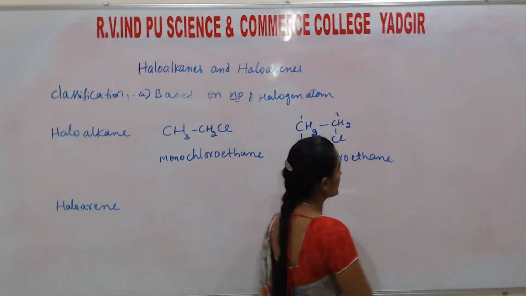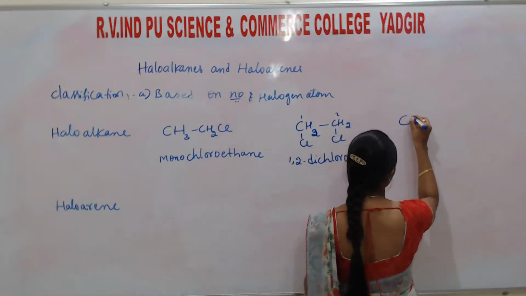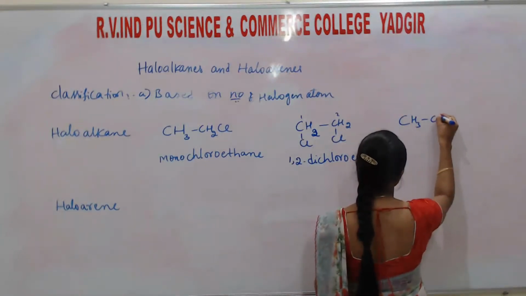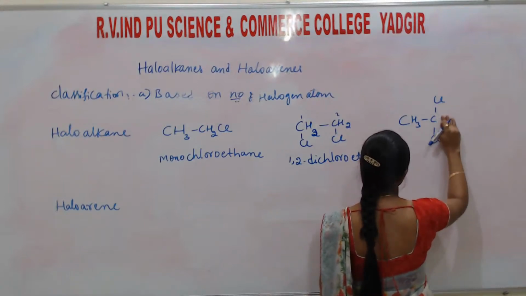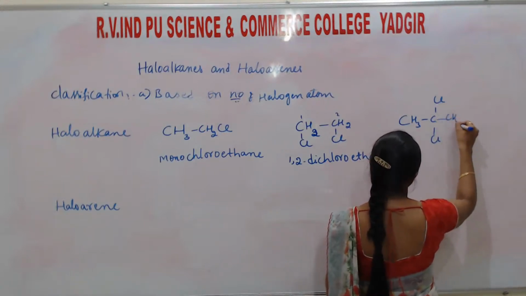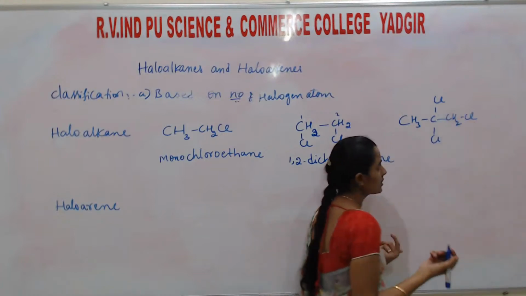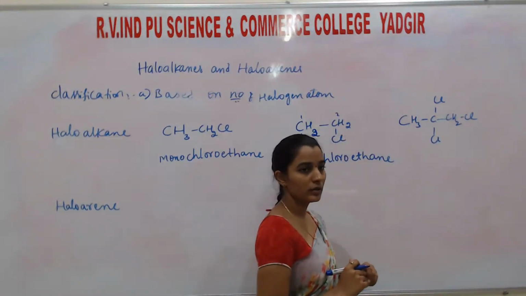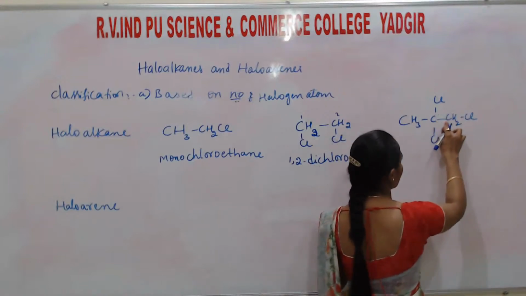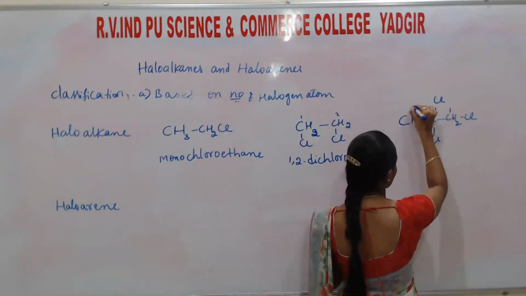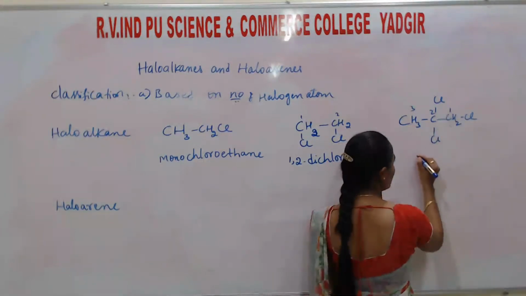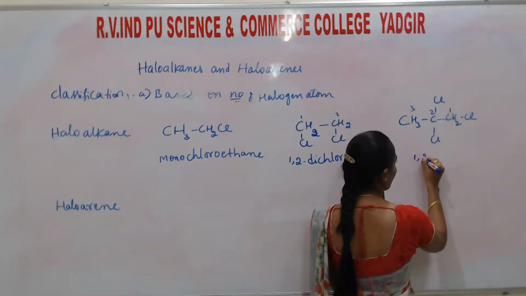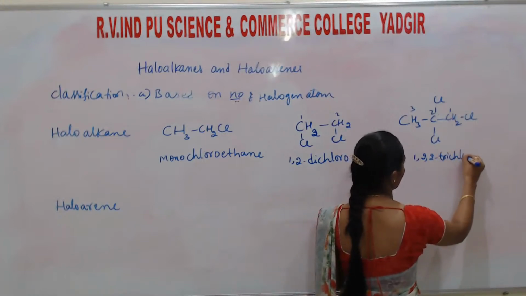Okay. If you consider that one carbon atom is there, that is CH3, CHCl2, CH2Cl, consider there may be a possibility of a compound like this also. This is 1, 2, 3. Okay. At 2 position and 1 position. 1,2,2-trichloro.